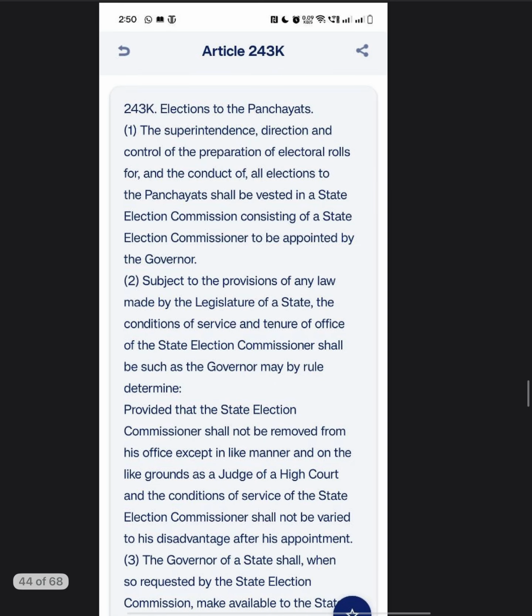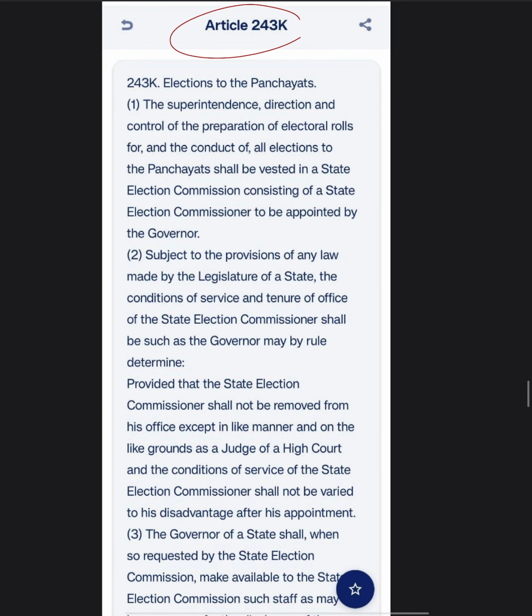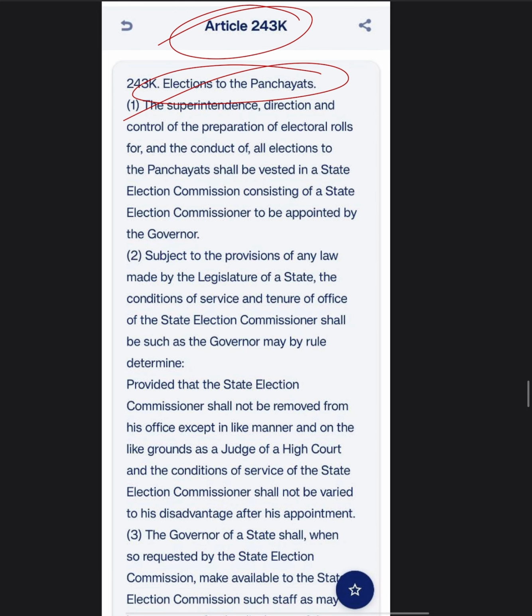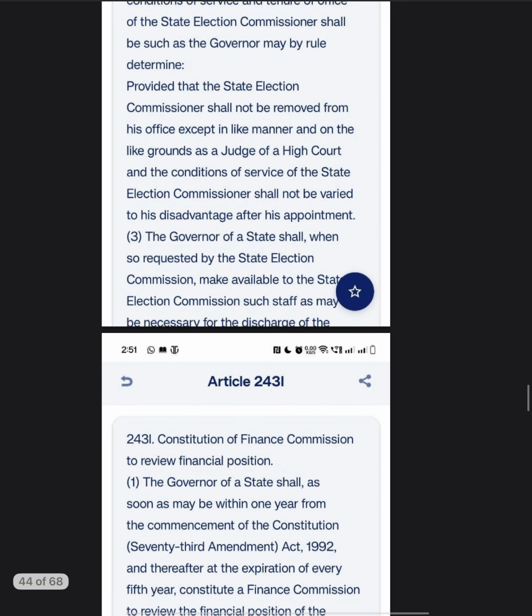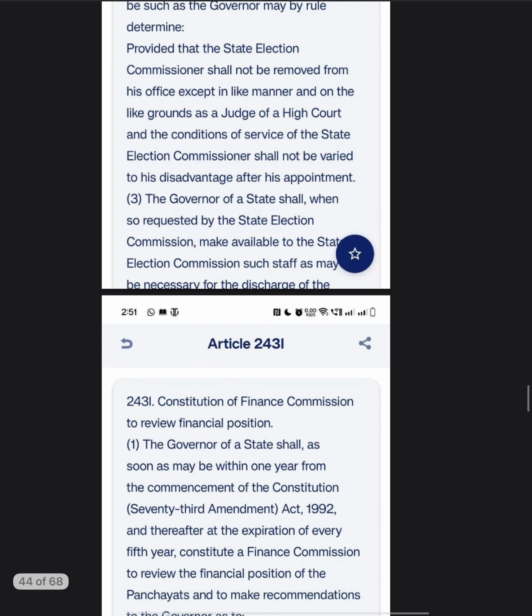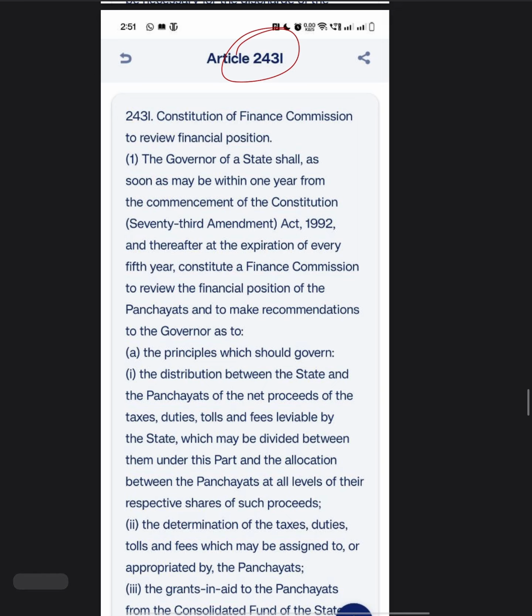This is clear. And now see, panchayat election. So this election is vested in the State Election Commission. So its relevant article is 243K. ठीक है. And now 243I, Constitution of the Finance Commission for the state. ठीक है. तो I से है.